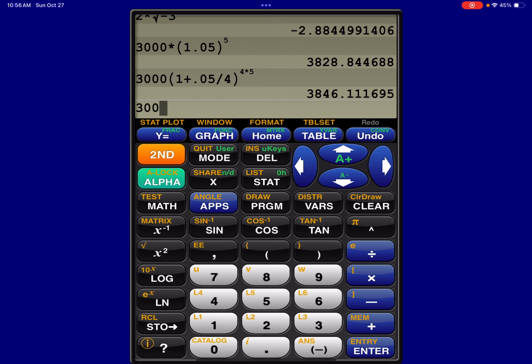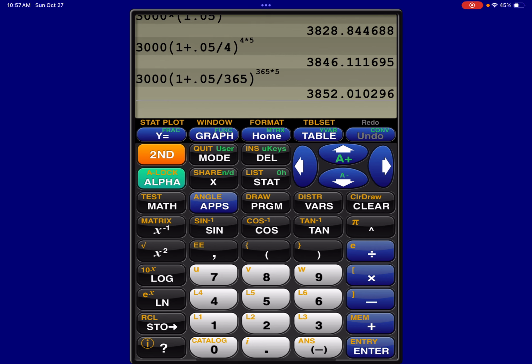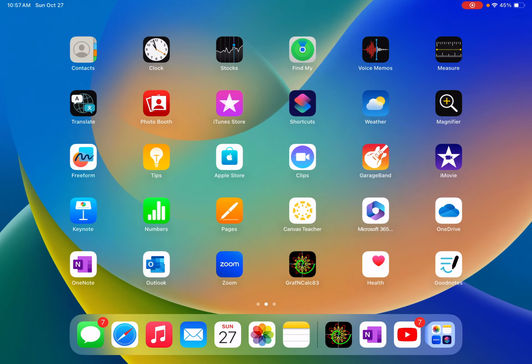So 3,000 times 1 plus 0.05 divided by 365, just like that, to the power of 365 times 5. Okay. Well, about $6 more, almost. Not that much more, and there's a lot more compounding in this period of time, and yet that pushed only $6 more.